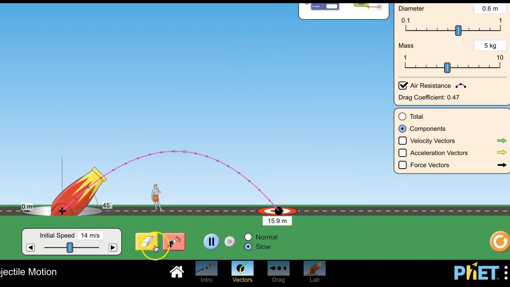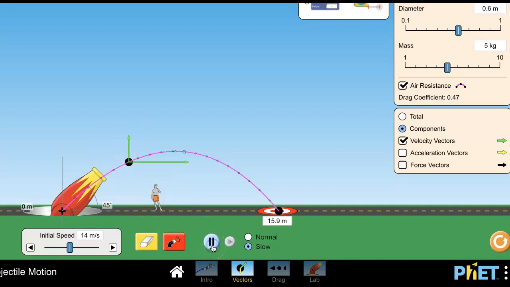If I project it back using the velocity vectors, I want you to observe the horizontal vector and the vertical vector.